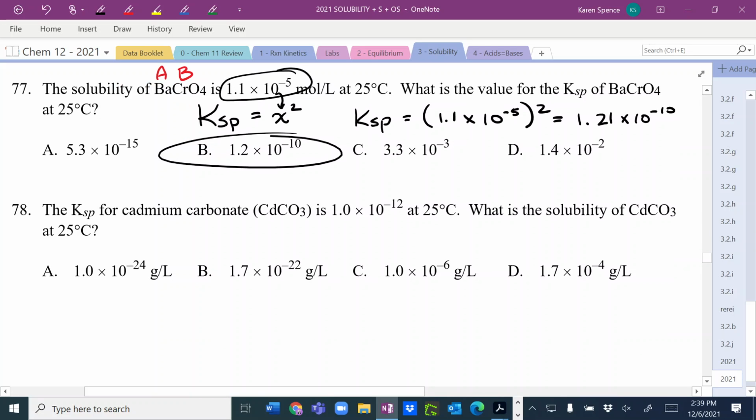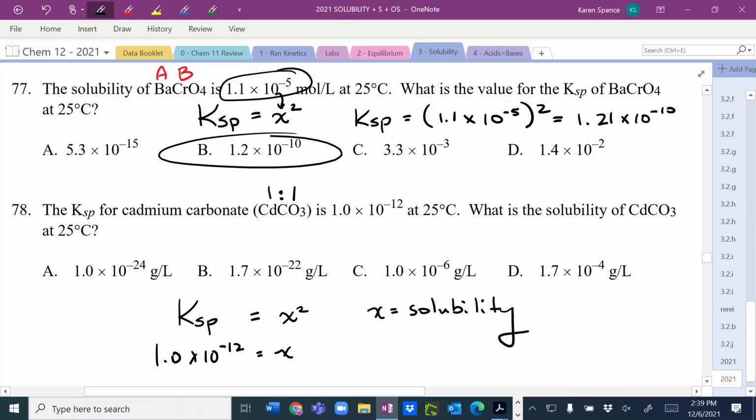The Ksp for cadmium carbonate. Oh, this is like the reverse of the last one, because this time we have the Ksp, which is 1 times 10 to the negative 12. And this is also a 1 to 1 ion ratio. So Ksp then is equal to x squared, and x is the solubility.